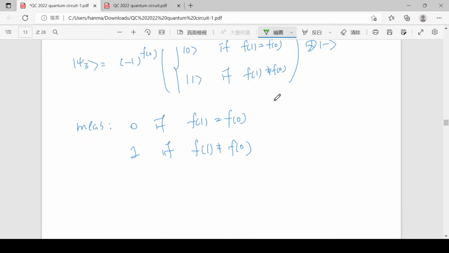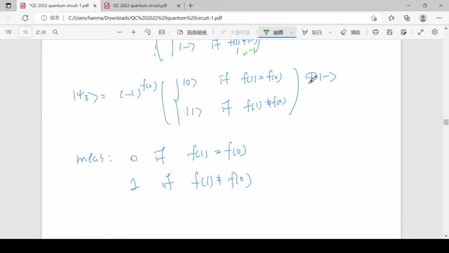And when we do measurement on this register, we get outcome 0 if f of 1 equals f of 0, and outcome 1 if f of 1 does not equal f of 0. And this is exactly what we want. This is our f of 0 plus f of 1.